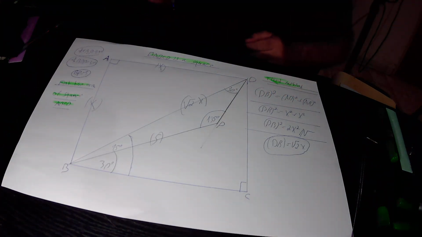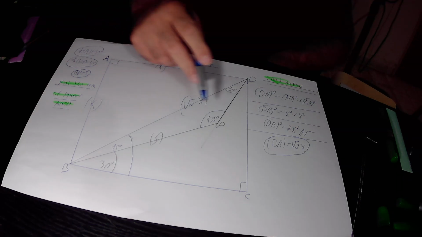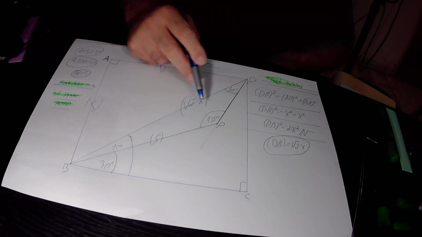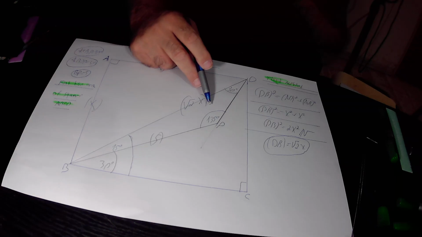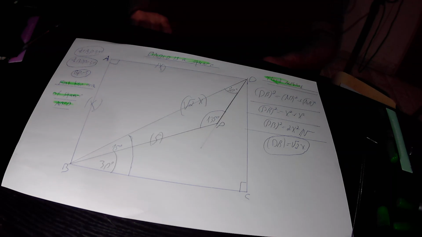In this triangle DBP, according to the law of sines, DB over sin 135 degrees equals BP over sin 30 degrees. So I write it down.